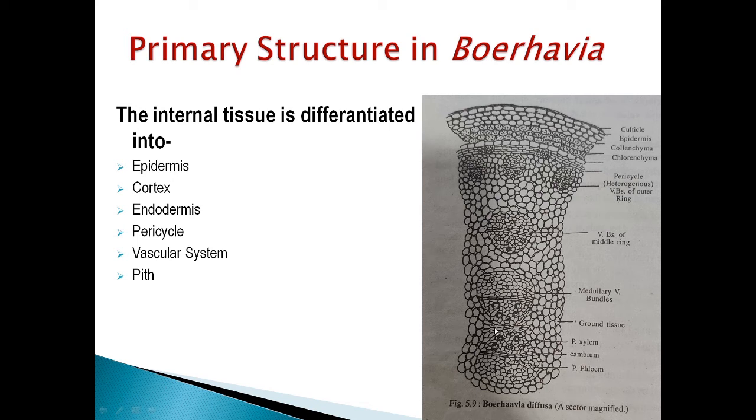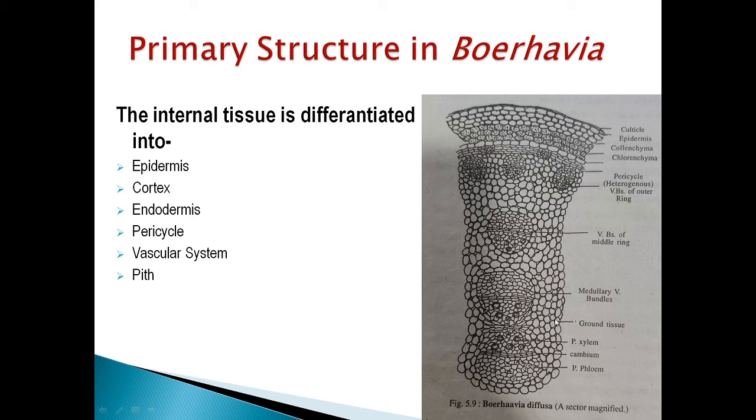The primary xylem of both the bundles faces each other and consists of tracheids, vessels and xylem parenchyma. Primary phloem possesses sieve tubes and companion cells. A strip of cambium is present between the xylem and phloem.